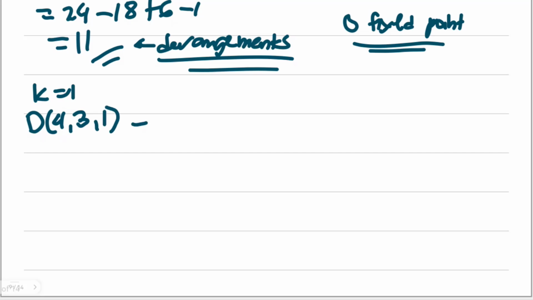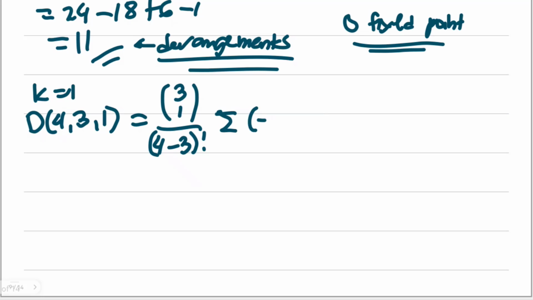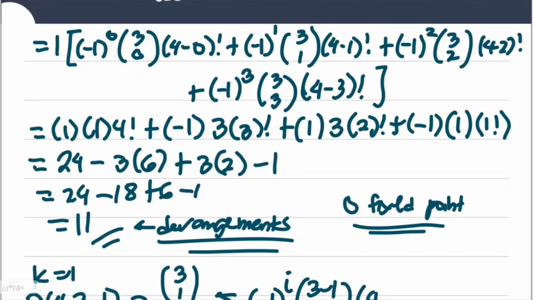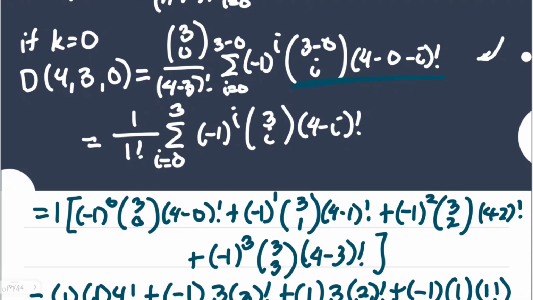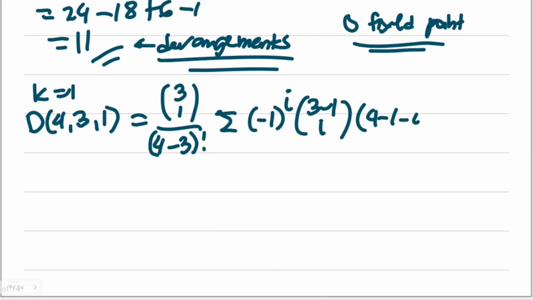So this is, again, R, that's 3, combination 1 over 4 minus 3 factorial, times the summation of -1 raised to I, with R minus K being 3 minus 1, combination I, times 4 minus 1 minus I factorial, where I starts from 0 to R minus K, 3 minus 1.